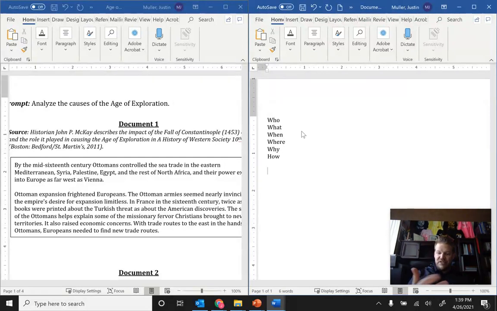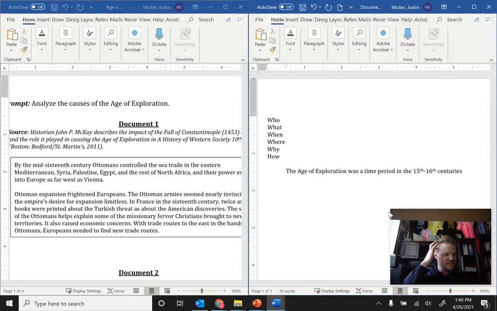So you can fill that chart out if you want, but I'm just going to write, I always start with the Age of Exploration was, right? Or if the DBQ was about the Enlightenment, I would start with the Enlightenment was a time period in the 15th through 16th centuries. In this case, that's 1492.